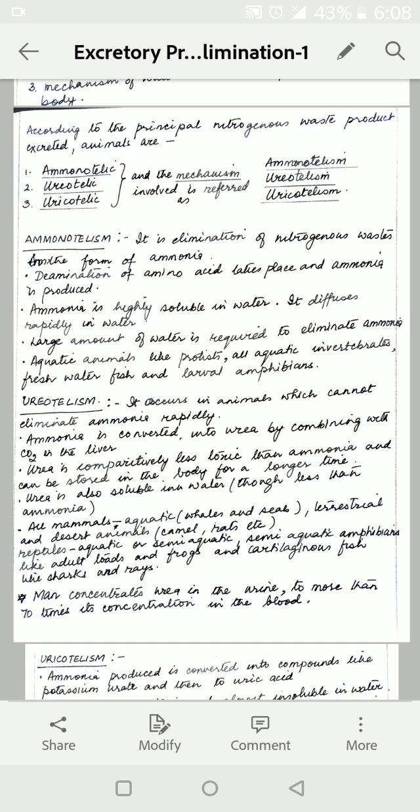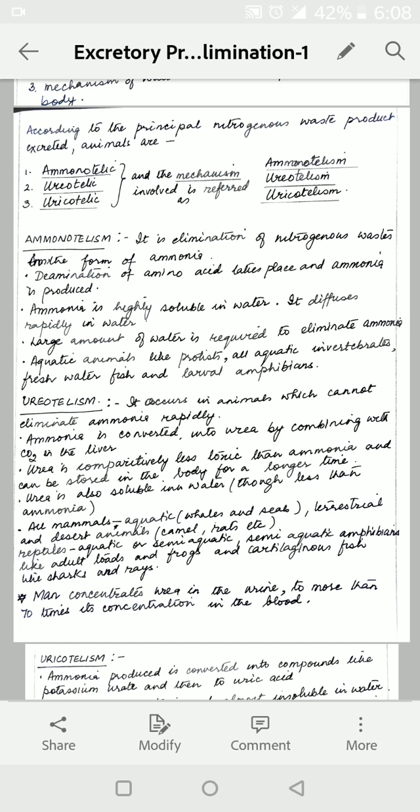as their nitrogenous waste. Then certain reptiles like alligators and turtles, certain aquatic amphibians like toads and frogs, and cartilaginous fishes also excrete urea as their nitrogenous waste.